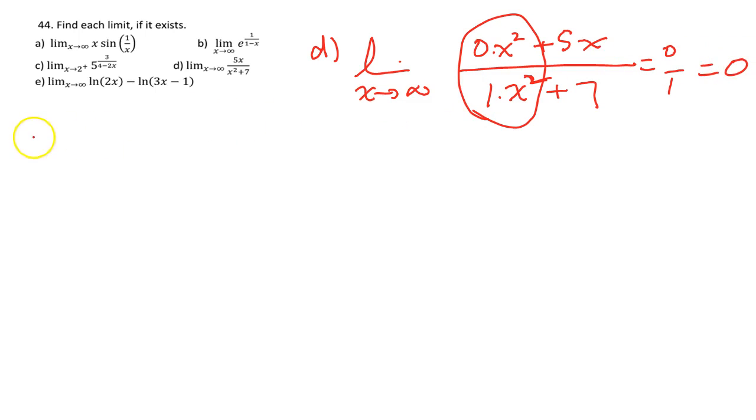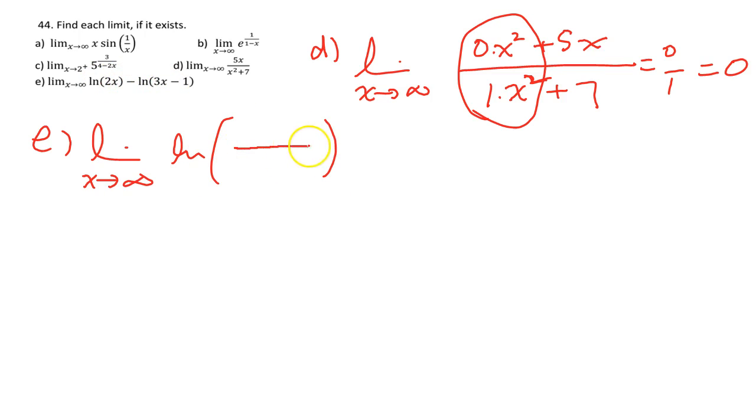Okay. For E, limit x going to infinity of ln of 2x minus ln of 3x minus 1. Recall that there's a rule for logs where if you subtract 2 logs, that can be put as a single log, and the minus turns into division inside the log. So subtraction between 2 different logs can be written as division inside a single log.